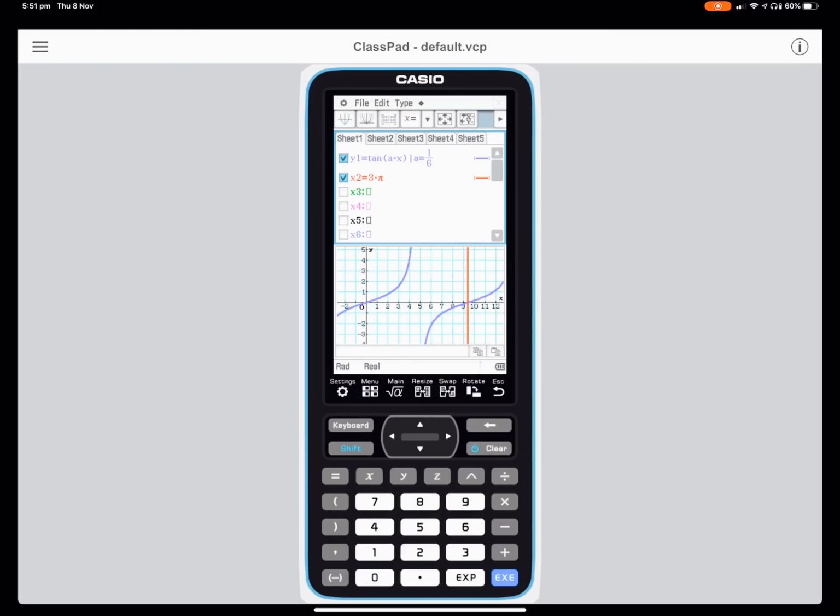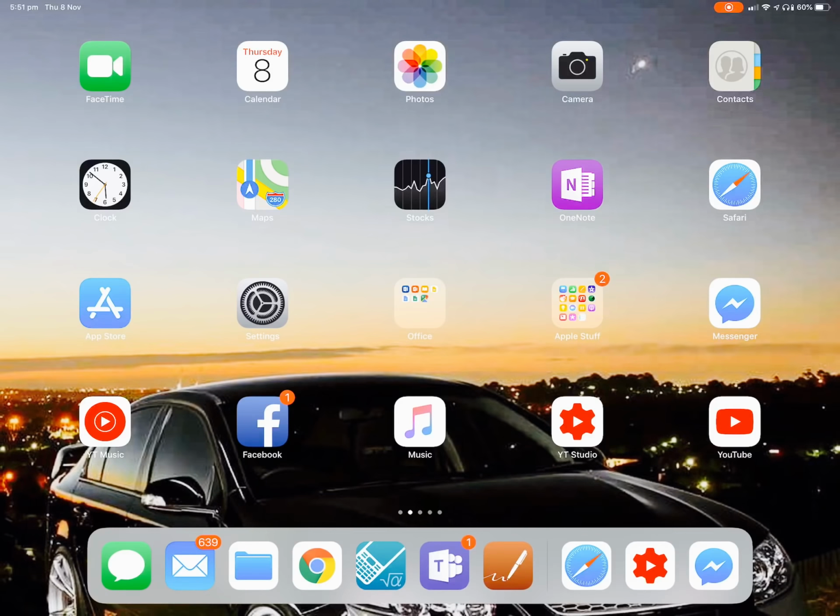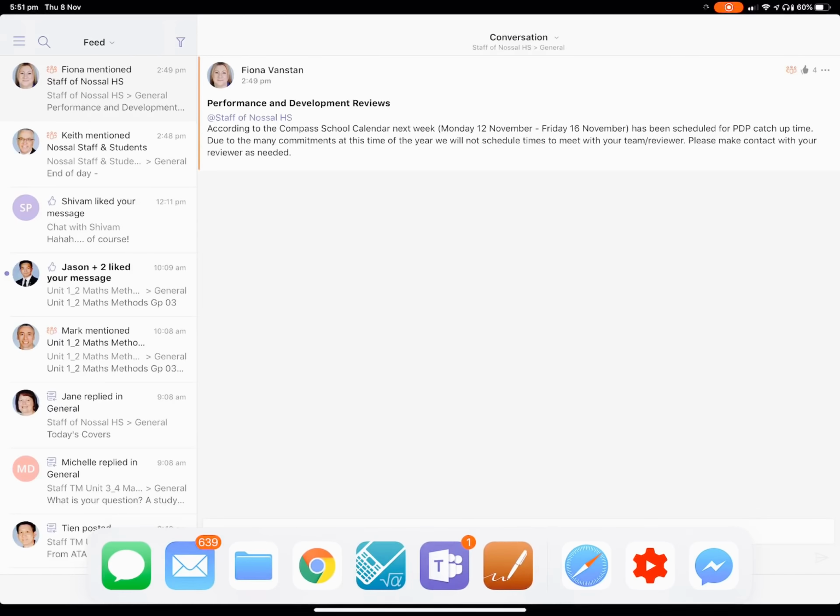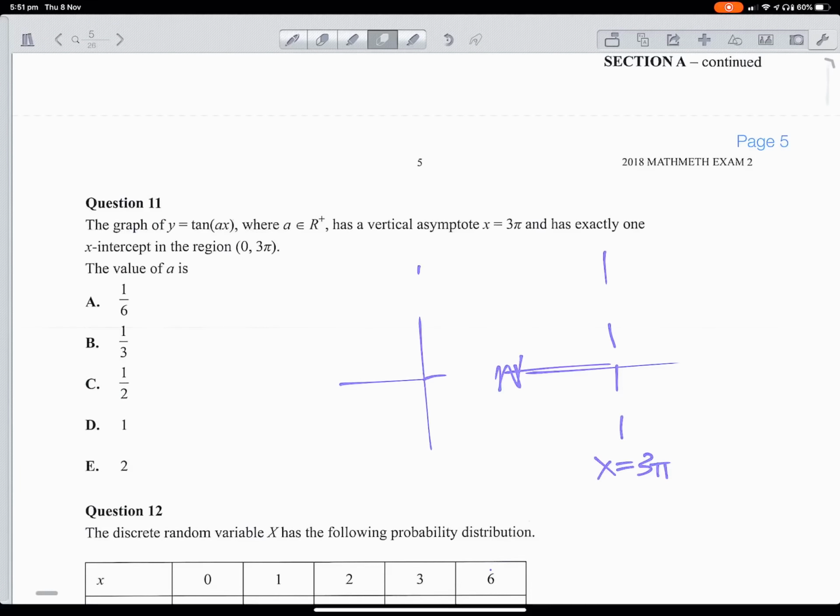When it was 1 on 6, what did we get? Still not 1. 1 on 2. Okay, we've got one intercept. The one at 0 isn't included, so it's 1/2. A equals 1/2.